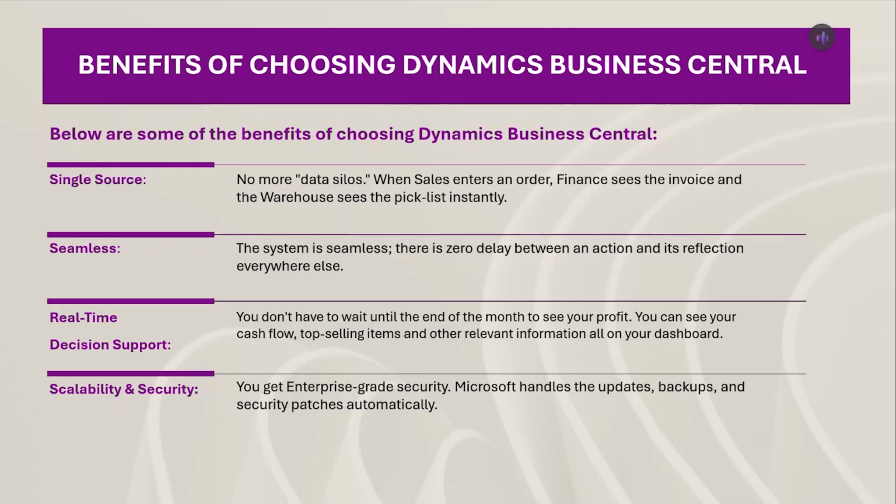If you have to pay a vendor, you can easily access the vendor information and know when you want to pay your vendors. Within the system, you can also see top selling items which you really have to invest in, and other relevant information on your dashboard.